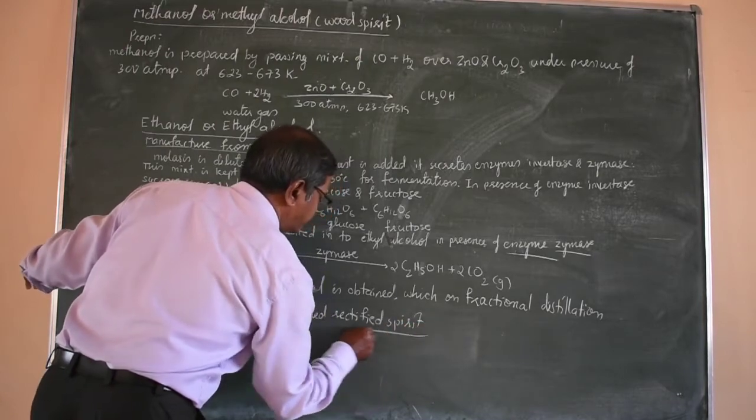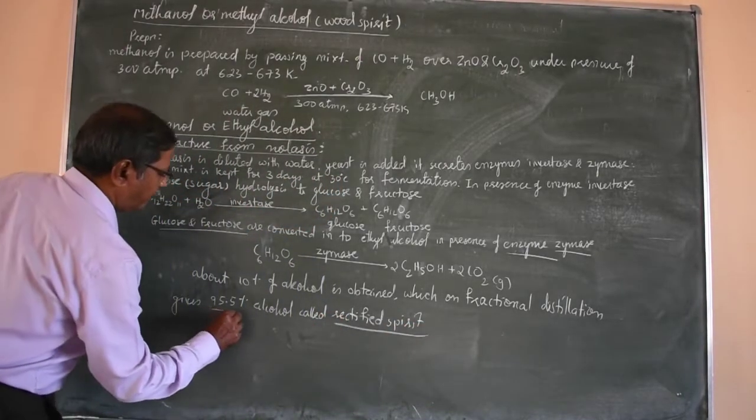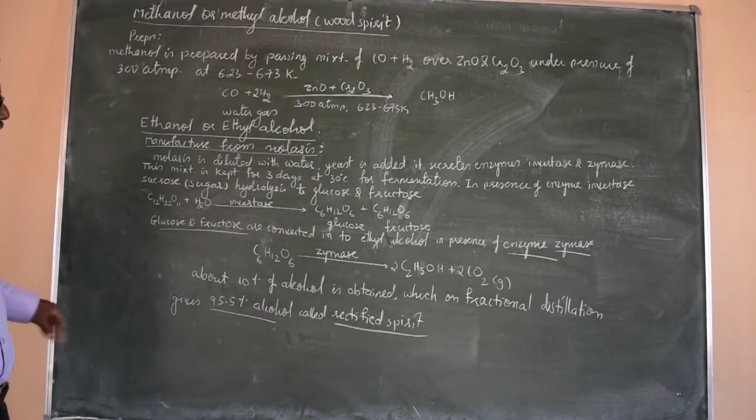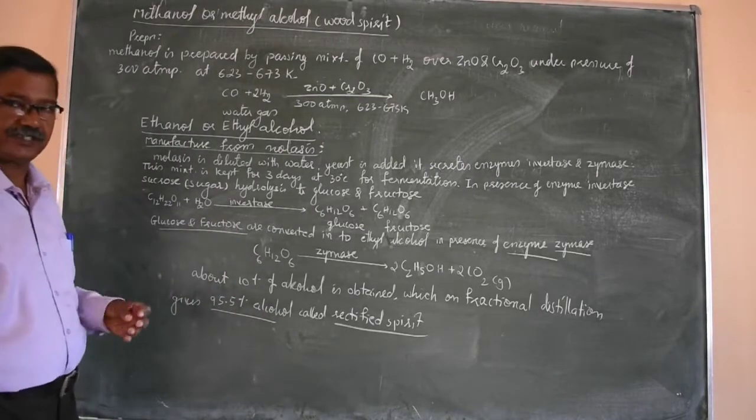So 95.5% ethyl alcohol is called rectified spirit.